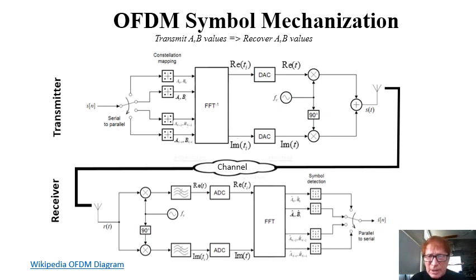The array of A and B pairs, one for each subcarrier, form the input to an inverse Fourier transform, or IFFT. The IFFT transforms a set of frequencies into their time domain representation. The IFFT's real and imaginary outputs, both in time domain, are a discrete representation of a time history formed from summing the sine waves defined by the A and B pairs.